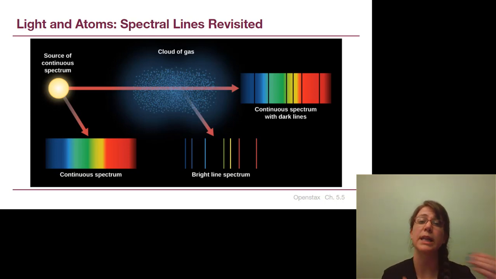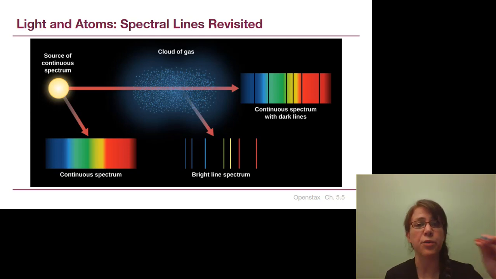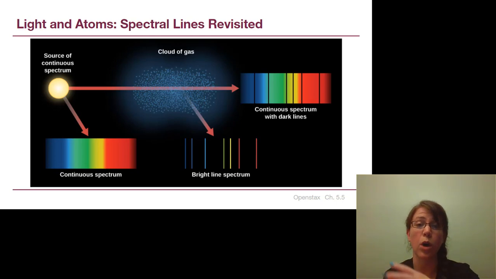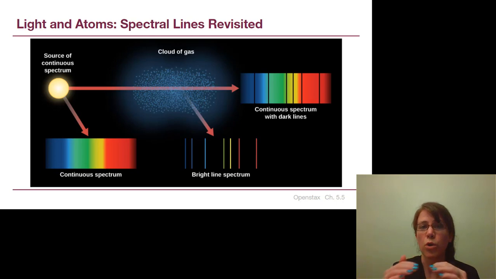If we were to look directly at that light bulb and sort out all of the light into a spectrum, we would see a continuous spectrum. It would be a blackbody curve. If that light, though, passes through a cloud of gas, our new understanding is that the light contains a whole bunch of different photons, some of which correspond to the right jumps from the ground state to n equals 2, or ground state to n equals 3, or ground state to n equals 4, or from 2 to 3, 2 to 4.